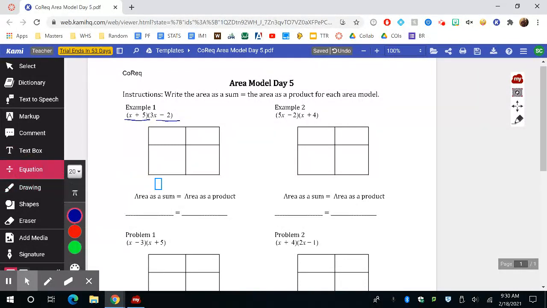Okay, so we're gonna do equation. Here, I'm gonna put x plus 5, so I'm gonna put the plus 5 over here, and then that's the length times the width, which is 3x minus 2.